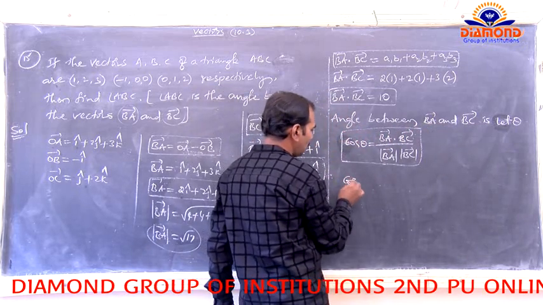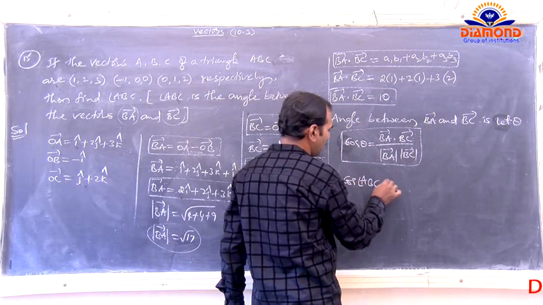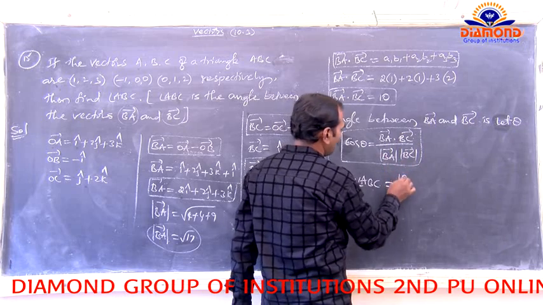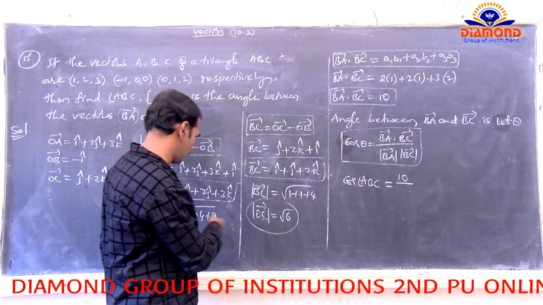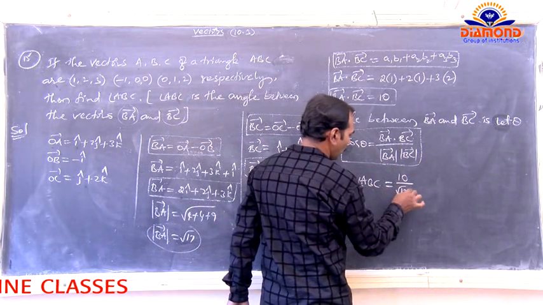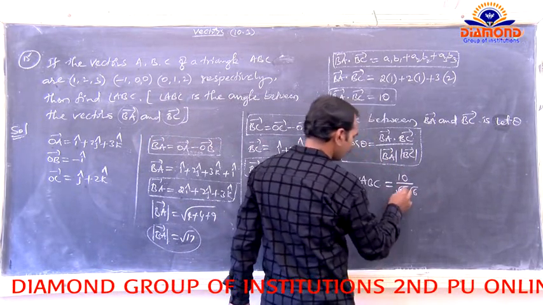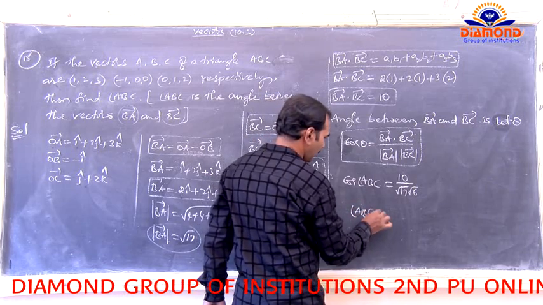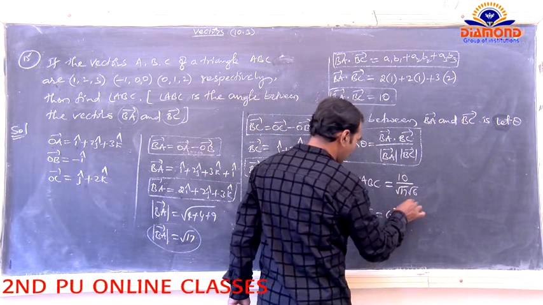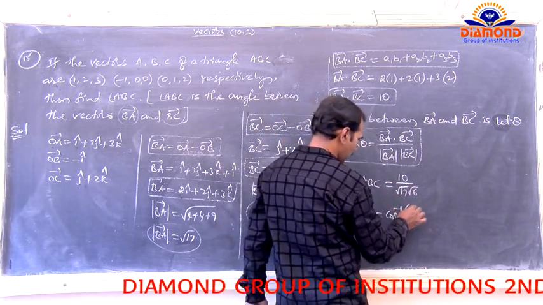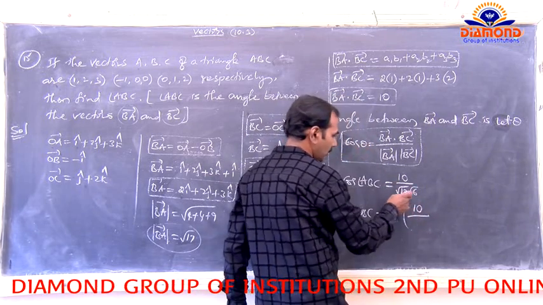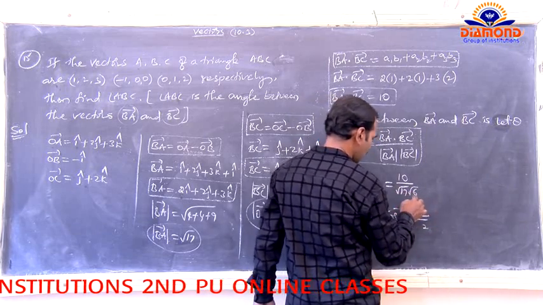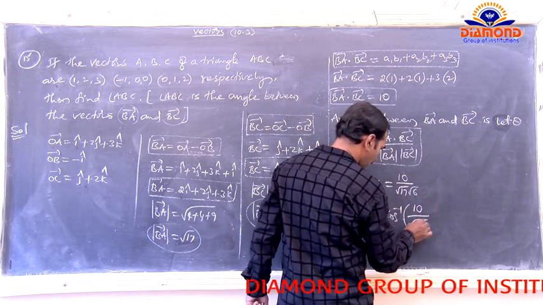So cos theta, meaning angle ABC, equal to BA dot BC, which is 10, divided by magnitude of BA, whose value is root 17, times root 6. 10 divided by square root of 102.